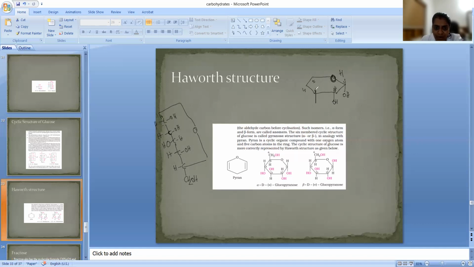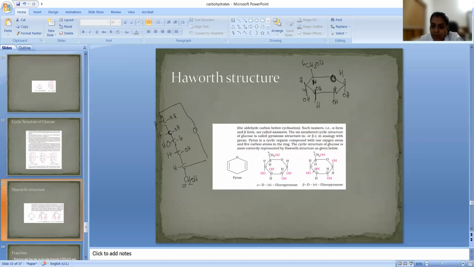Again, the third one: OH up, H down. Again, the fourth one: H is on the left, so H up, OH down. And here CH2OH will always be up. That is our 6th carbon. The 6th carbon will always be up. In every form, CH2OH should always be up. So this is the representation.